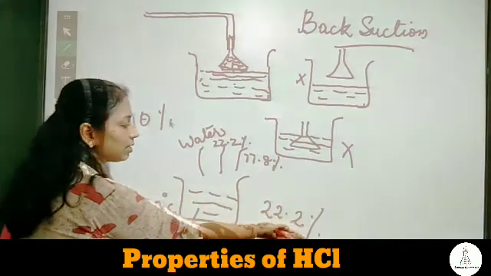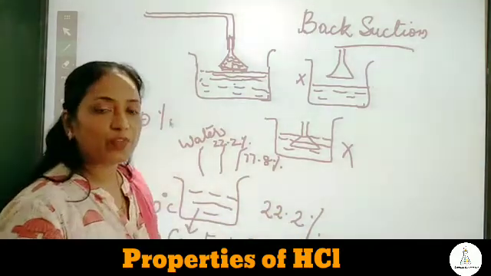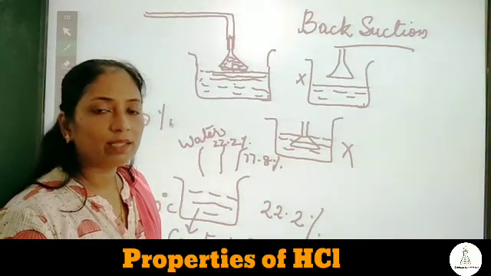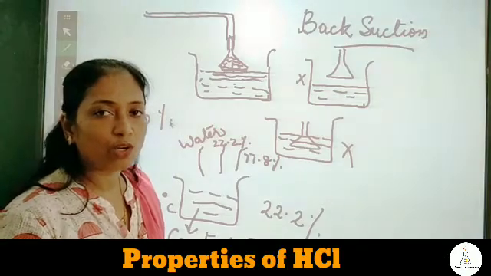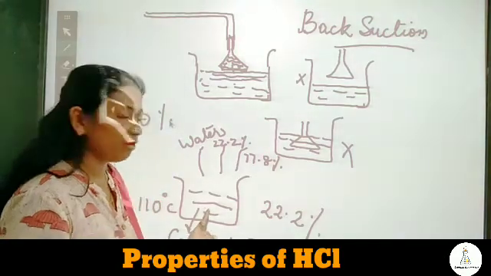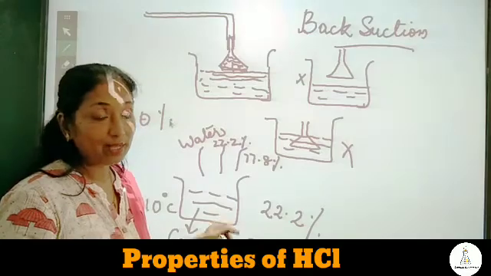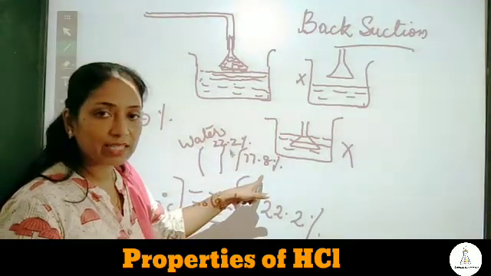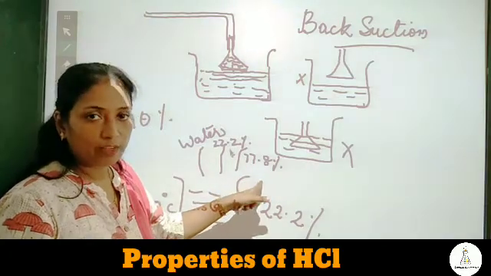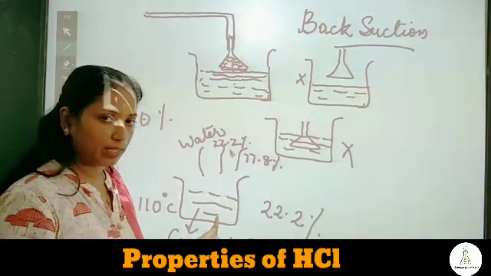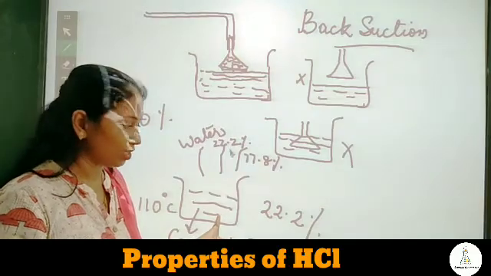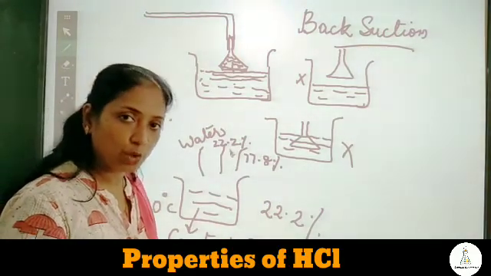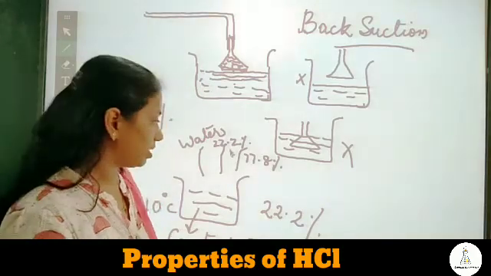But when it reaches a concentration of 22.2% acid, then after boiling also, the concentration of this solution will not change. That means even the vapor will contain the same concentration of acid and water vapor as is present here. There will be no change in concentration. This is called constant boiling mixture or an azeotrope or an azeotropic mixture.